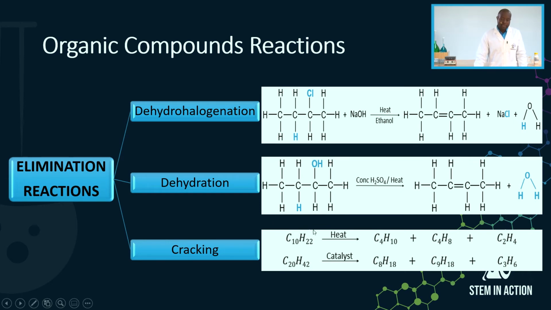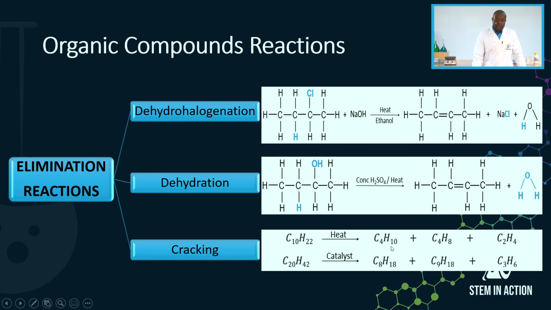One is where we just apply heat, and another one is a catalytic one where we use a catalyst, and one of the catalysts that is used is usually palladium. And what you notice there is that we are starting here with a large molecule that has got 10 carbons, and we're ending up with, in this case, 3 separate molecules, which are smaller than the one we started with.